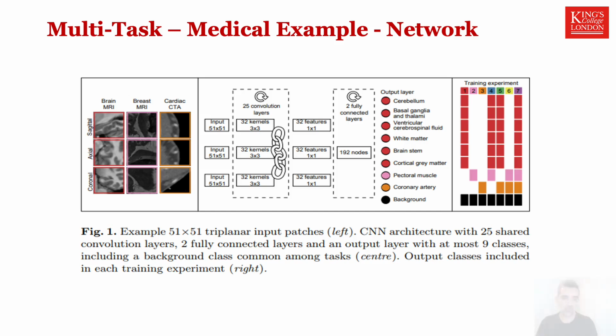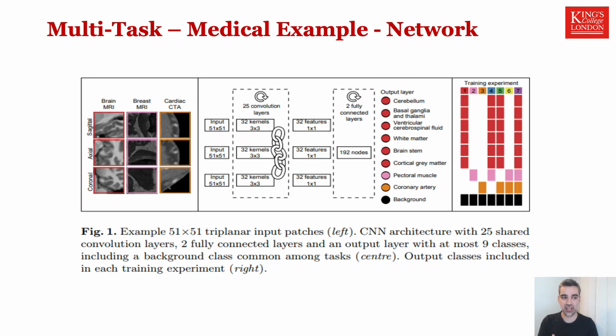So just as a very quick figure, this is a figure from that paper, and what you can see is that during their training experiments, they are cycling depending on the input image that they give the network. Sometimes they give the brain image, which will have the 6 labels.